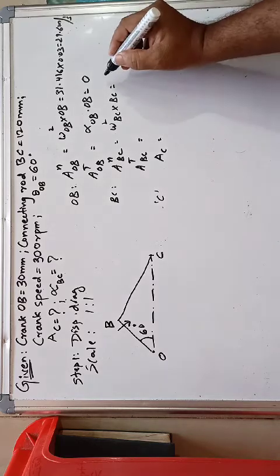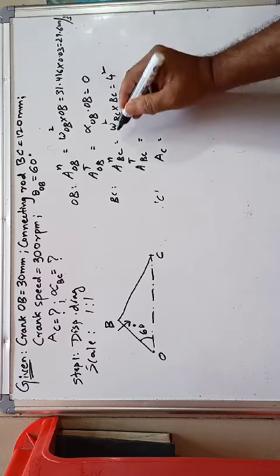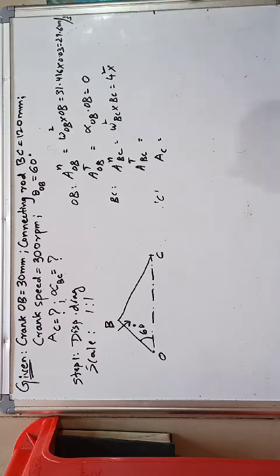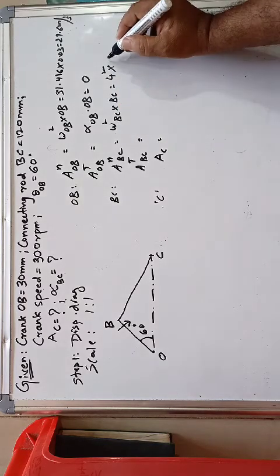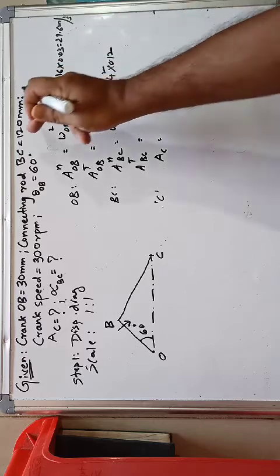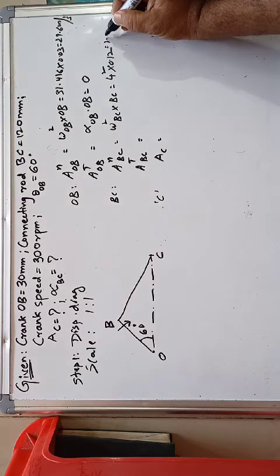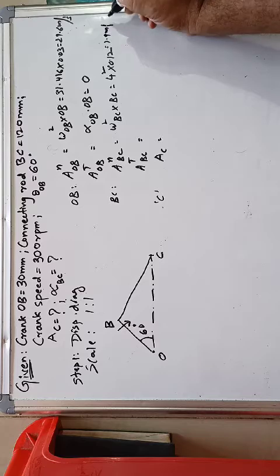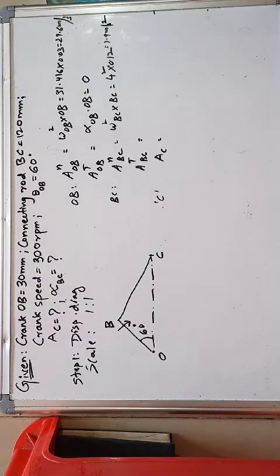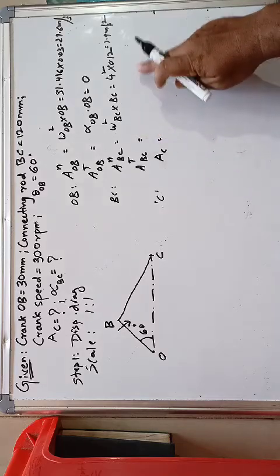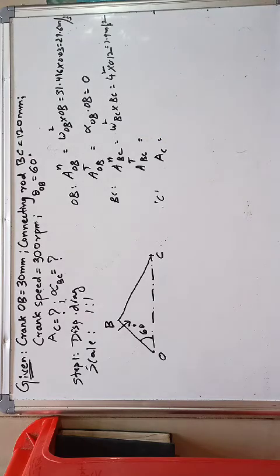If you see my previous video, the angular velocity is 4, so 4 square into 0.12, because the length of the link is 120 millimeters, which is 0.12 meters. This value is going to be 1.92 meters per second square. This is the normal component, and the tangential component we don't know. We are supposed to find it from the graph.